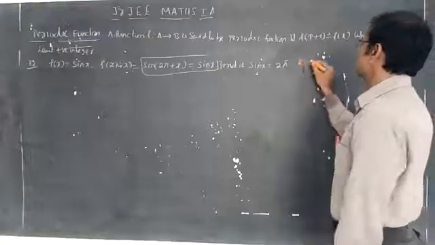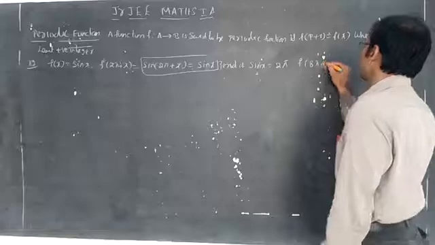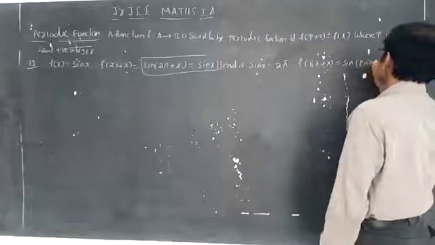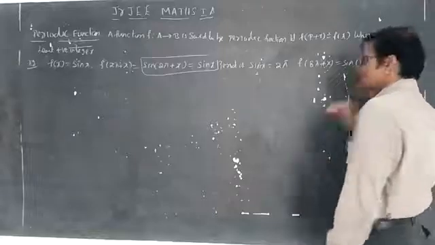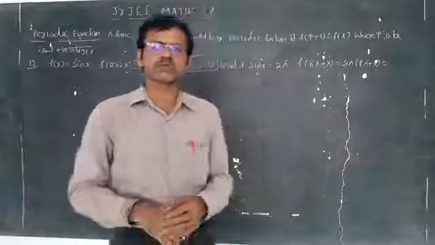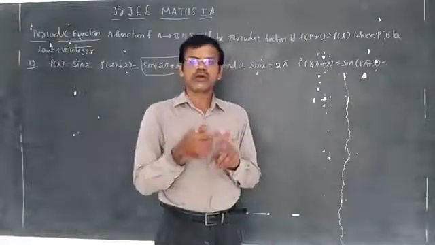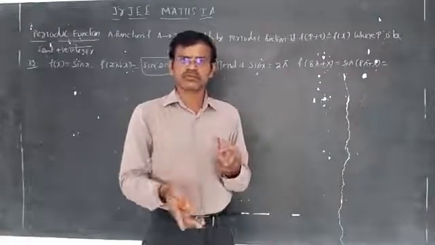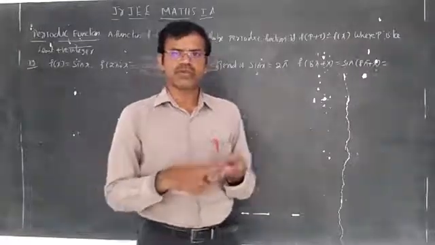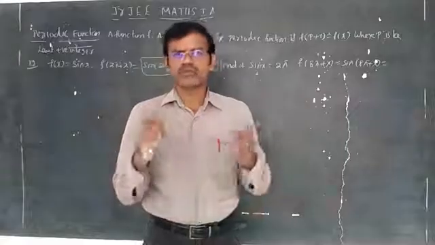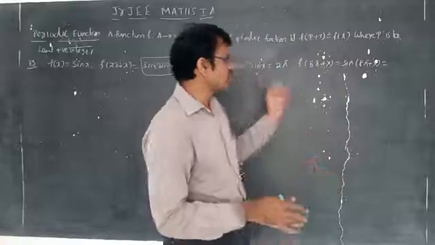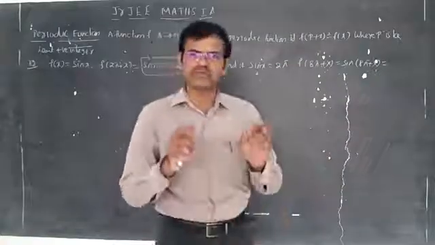Let us discuss f of 8 pi plus x, that is sin of 8 pi plus x. 2 pi multiples all become 0 because 2 pi means first rotation, 4 pi second rotation, it is 0, 6 pi third rotation, it is 0, 8 pi fourth rotation, it is 0, 10 pi fifth rotation, it is 0, even 1 lakh pi also it is 0. You can substitute sin of 1 lakh pi plus x, it becomes sin x only.